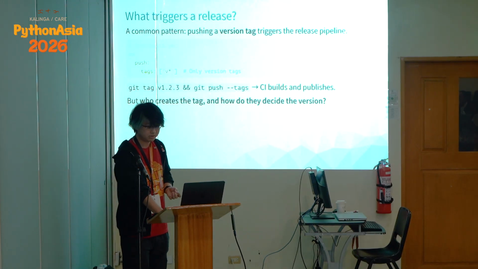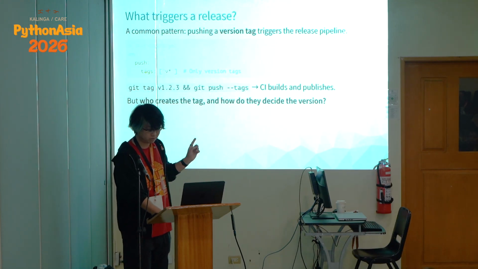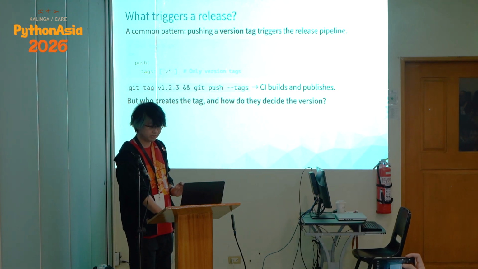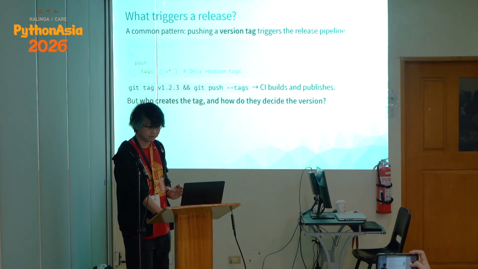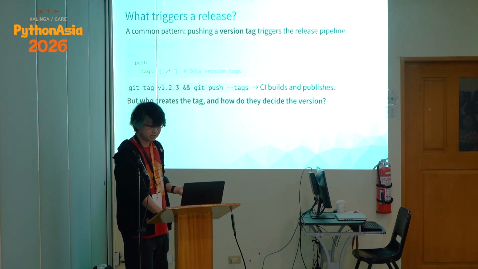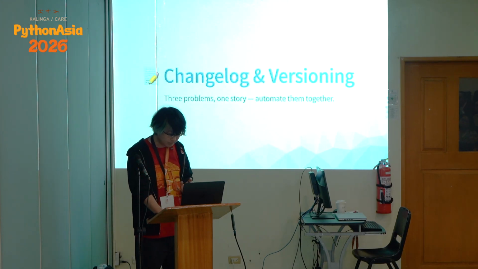This is really simple and clean, and my own project is also using this principle. But it raises the question: who creates the tag, and who decides if it's a patch, minor or major version bump? So that's exactly what we will tackle next.